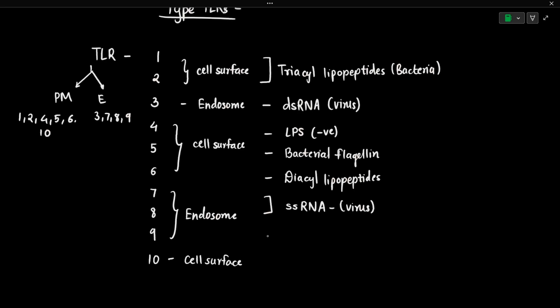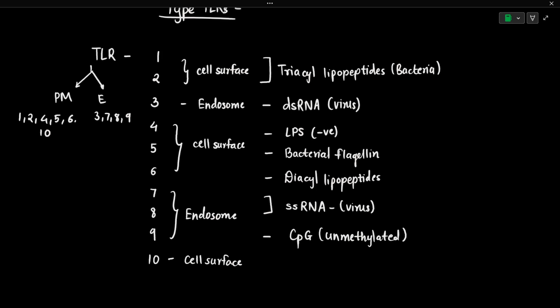Then TLR9 is present on the endosome, and it is going to recognize unmethylated CpG dinucleotides. TLR10 has an immunomodulatory role and is still being studied. So these are the different ligands with which the different TLRs interact.